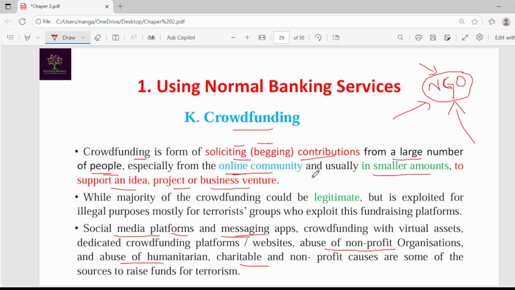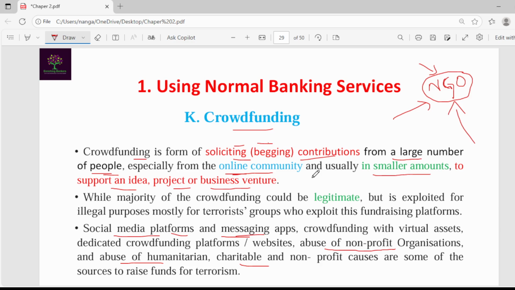In the backside, terrorists or money launderers take advantage of these NGOs, and they raise funds from crowdfunding, from a large number of common people, raising small amounts of contributions. So nobody gets doubt on these contributions.